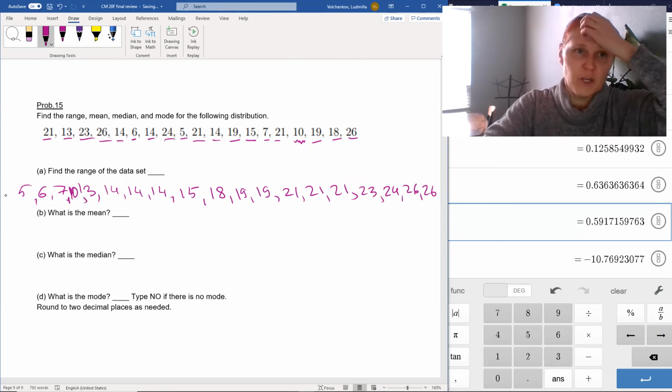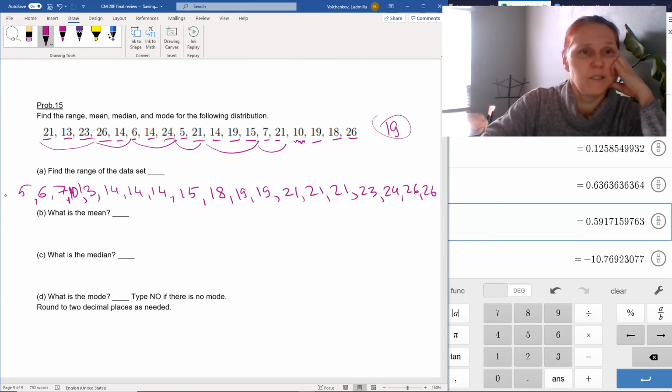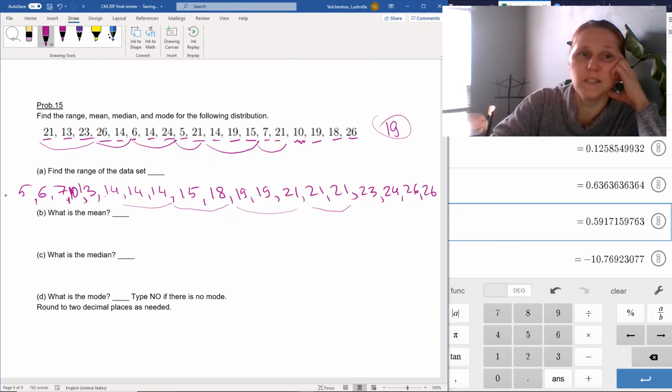Let us check that we have all the numbers. 5, 10, 15, 19 numbers. And let us check it again: 5, 10, 15, 19. So we have all 19 numbers here.